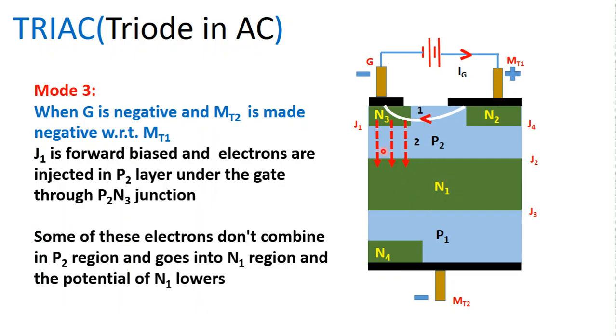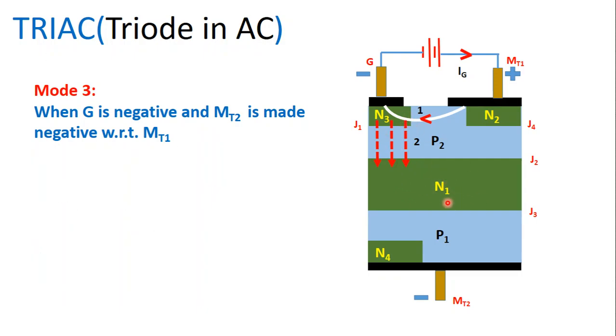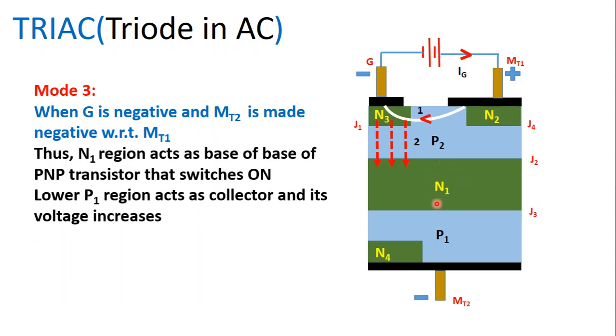As soon as the electrons from the gate terminal enter into the N1 layer, the potential of the N1 layer will lower and it will act as base of one transistor, that is the P2 N1 P1 transistor.